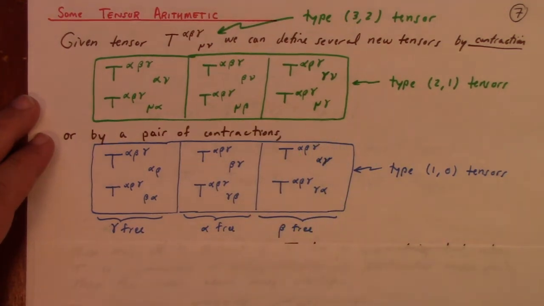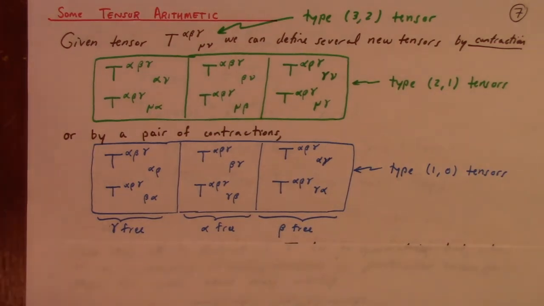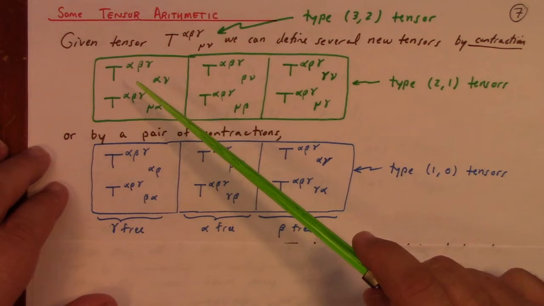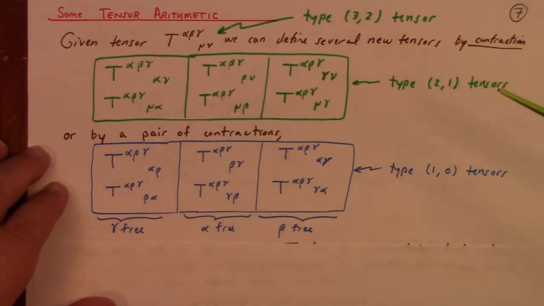My point to you in all of these is that there are tons of ways to construct new tensors from old. And when I say that these are tensors, I'm not just saying that that's an allowed formula. I'm saying that the coordinate change properties of all these expressions I've written down are exactly the kind I write over here.